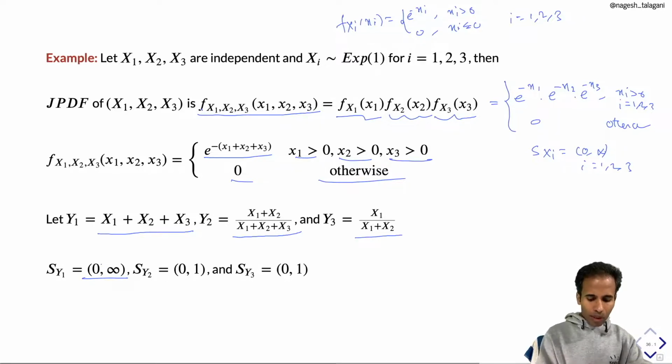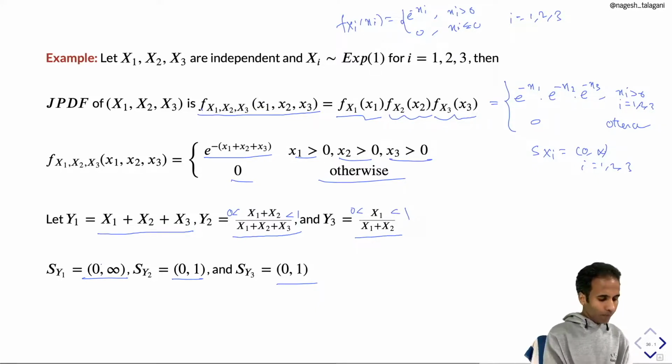But the supports of Y2 and Y3 are the interval 0, 1, because (X1 plus X2) by (X1 plus X2 plus X3) is always between 0 and 1. Similarly, X1 by (X1 plus X2) is also always between 0 and 1. That's why the support of Y2 is the interval 0, 1, and the support of Y3 is also the interval 0, 1.